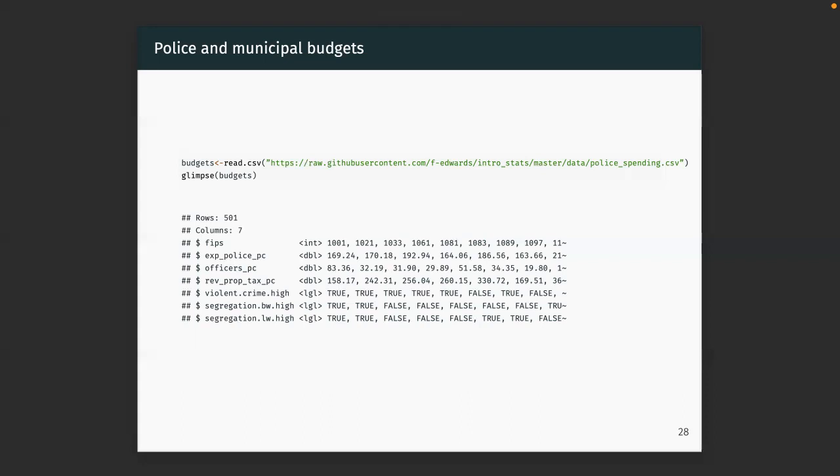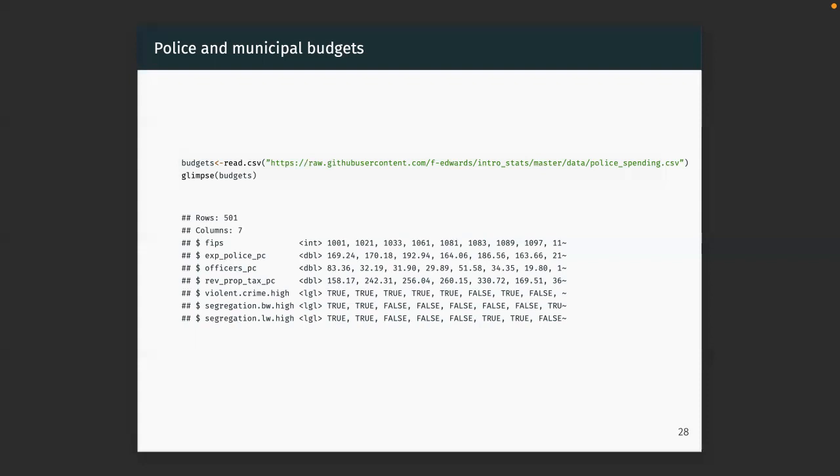Anyway, what we're going to do here is take the county, and that's just a categorical identifier. We could think of it like an ID code. EXP Police PC is dollars spent on policing in that county per person, per resident. PC stands for per capita. So this is police spending per resident in that county.